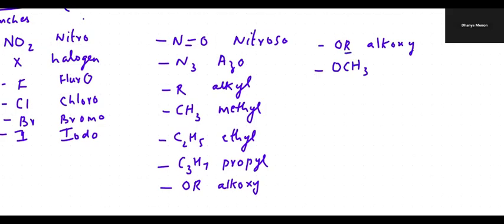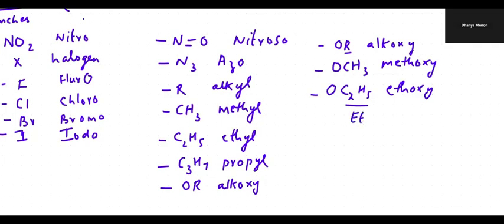So methoxy. Okay. Then if instead of CH3, I have OC2H5, it is called ethoxy. And sometimes C2H5 is written in short form like this in some books. Et stands for ethyl. Okay.